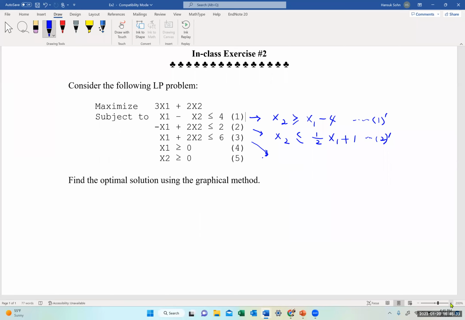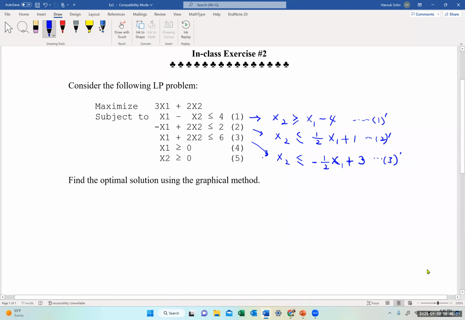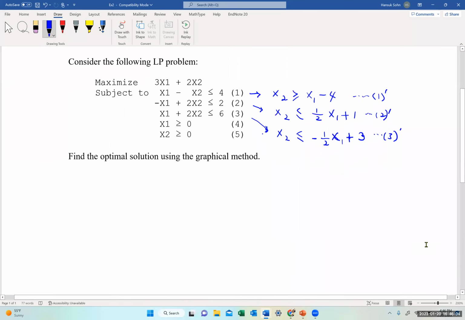So that's going to be x2 less than or equal to negative 1/2 x1 plus 3. Let's call it constraint number 3 prime. So based on this, let's draw a feasible region.